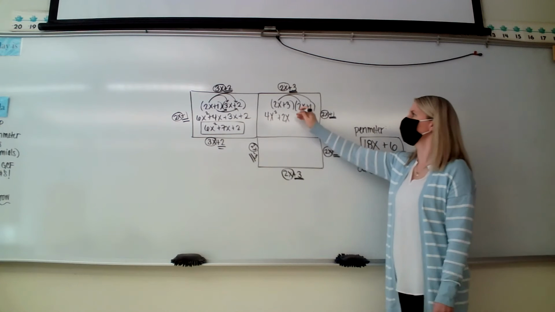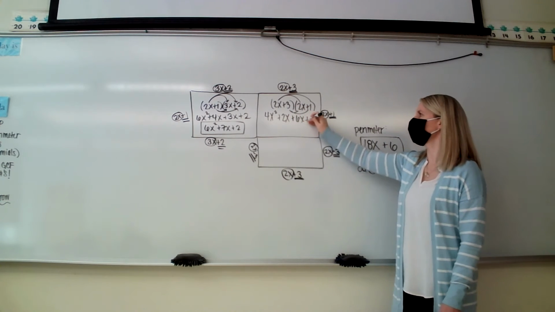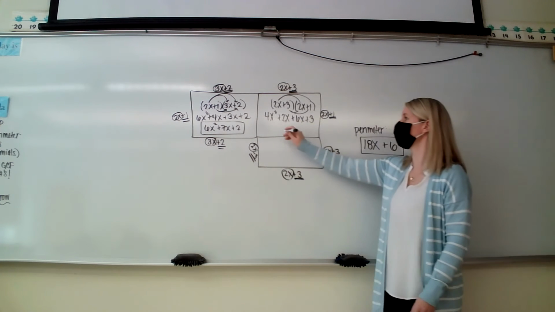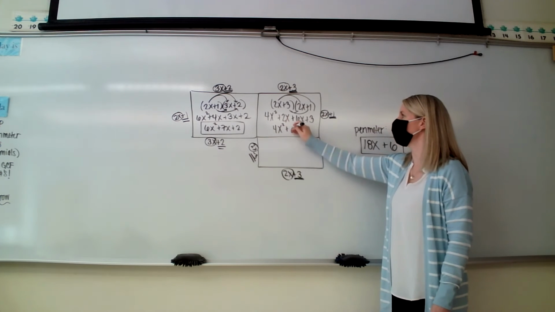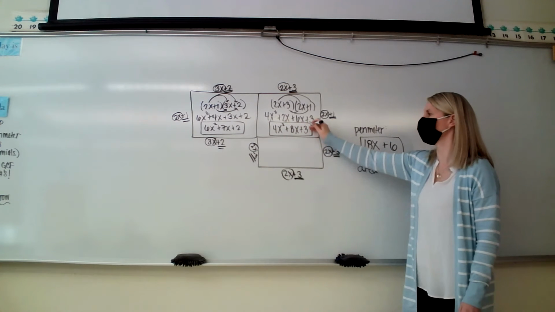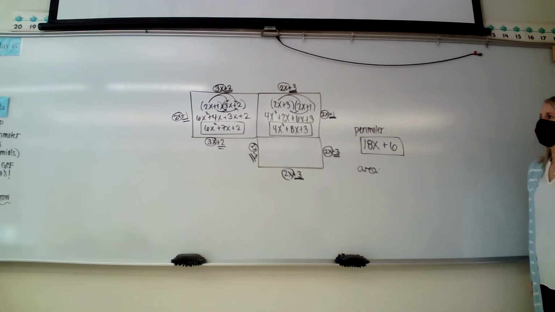Distribute my second term is 6x plus 3. And let's combine like terms while we're here and take care of that simplifying. And we'll get 4x squared plus 8x plus 3. I'm going to write that down once again. Most of this is just staying organized.